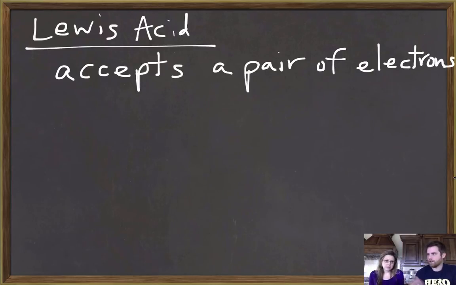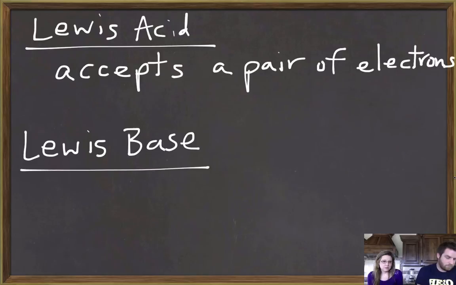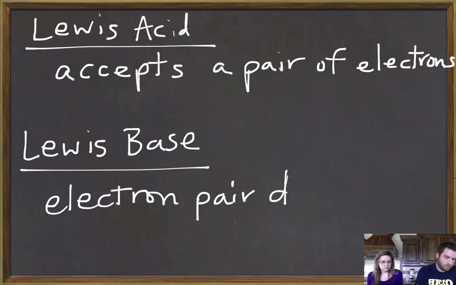Bronsted-Lowry acids were proton donors. Lewis acids are electron acceptors. So if the Lewis acid is the electron pair acceptor, what is the Lewis base? I would guess it's the electron pair donor. Right, so we'll call that the electron pair donor.